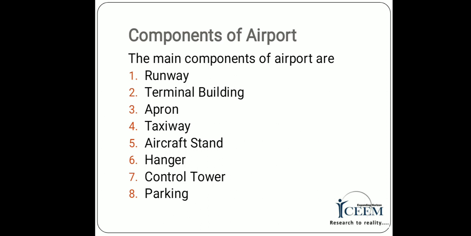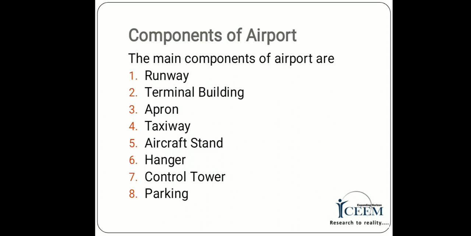The taxiway should be laid in such a manner as to provide the shortest possible path and to prevent the interference of landed aircraft taxiing towards loading apron and the taxiing aircraft running towards the runway.